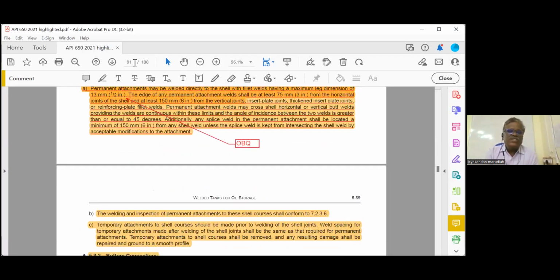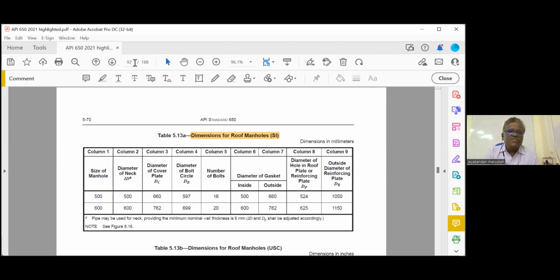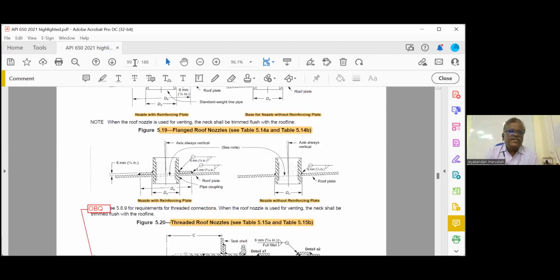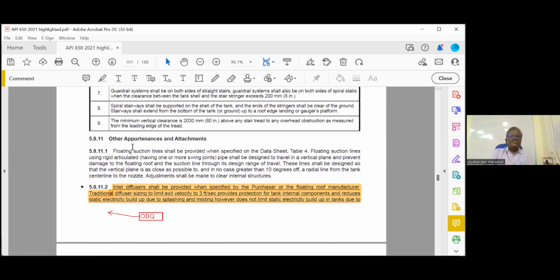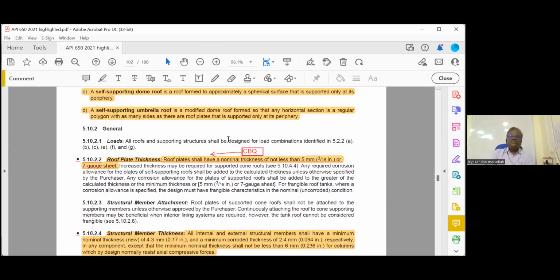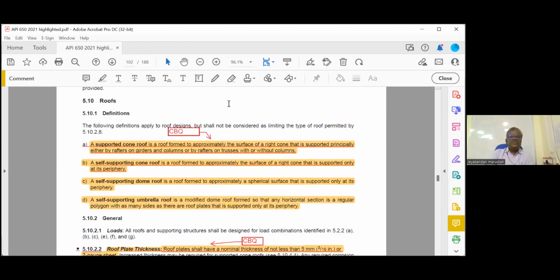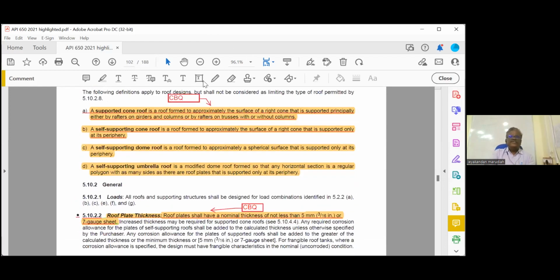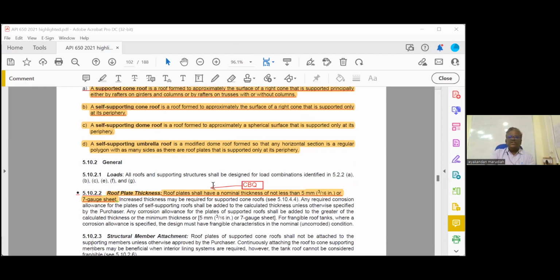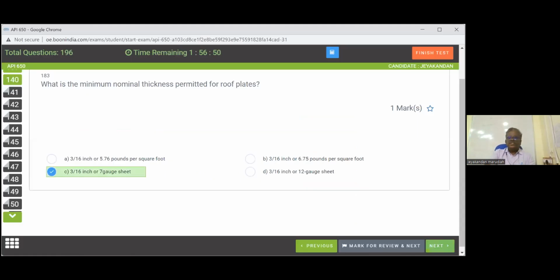Even though it is a simple question, the 7 gauge or 9 gauge can be confusing. So for roof, you can see here 7 gauge sheet, page number 5-92. Roof plate shall have a nominal thickness of not less than 5 mm or 7 gauge sheet. But generally the exam will not ask about gauge sheet. You should know 3/16 inch. That's all. 7 gauge sheet, 3/16 inch.